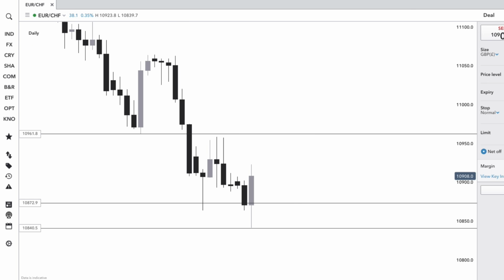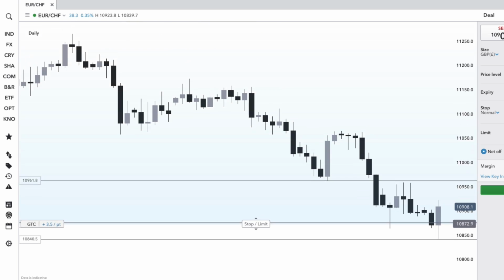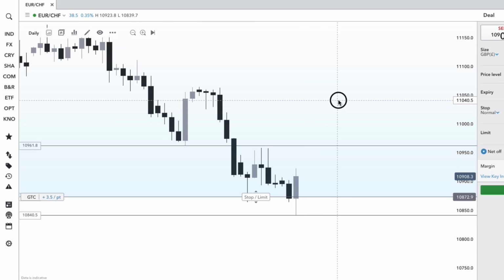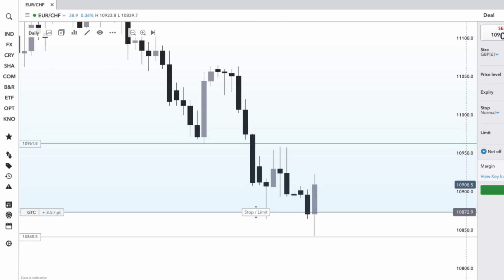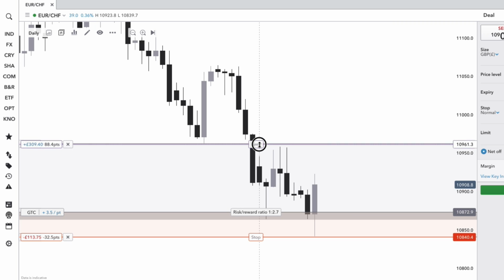So let me get the order placed, and we want to buy 108.72 spot 9 with a stop 1 pip below the low and a target of, again, the prior lows, and we're aiming for, what is this, a 2.7R win if we can get there.